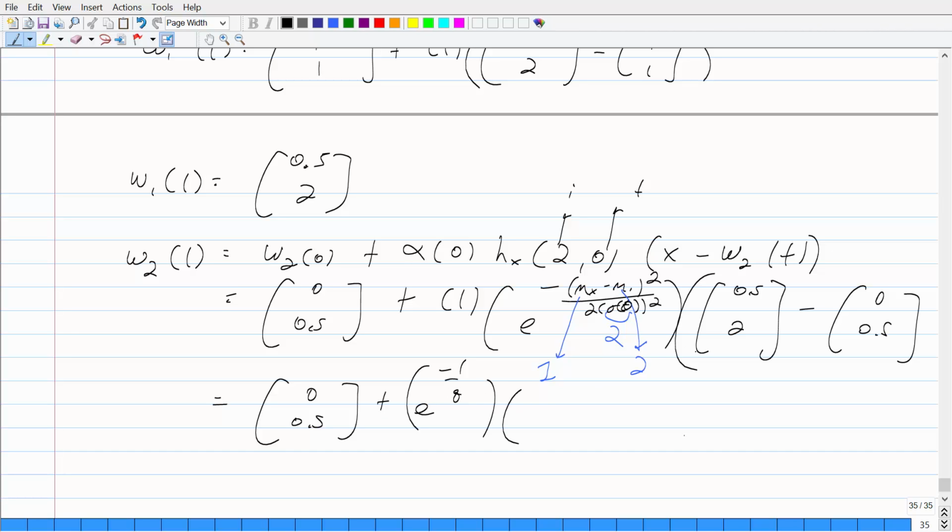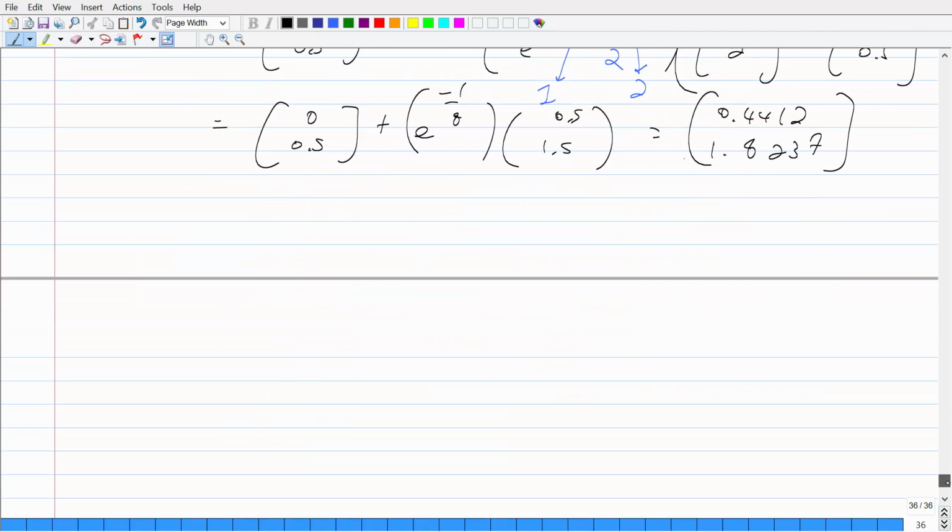Okay, and then this would be 0.5 and 1.5. So when you calculate this update, we get 0.4412 and 1.8237. Okay, that's the update for the next neuron.